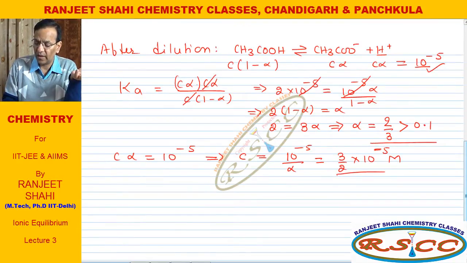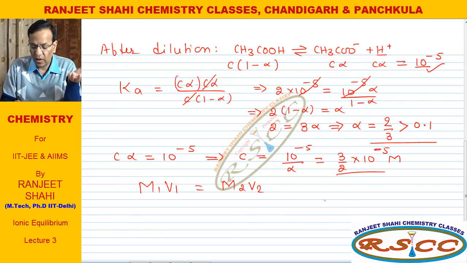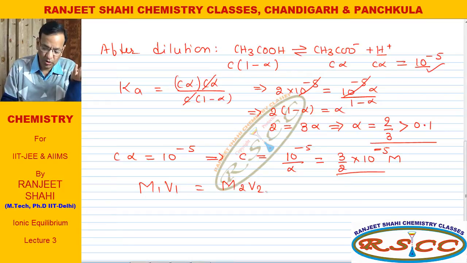So, now we can apply the dilution formula on acetic acid. So, M1 V1 is equal to M2 V2. Here we are equating the moles of acetic acid in the original solution without considering ionization with moles of acetic acid in the final solution without considering ionization.